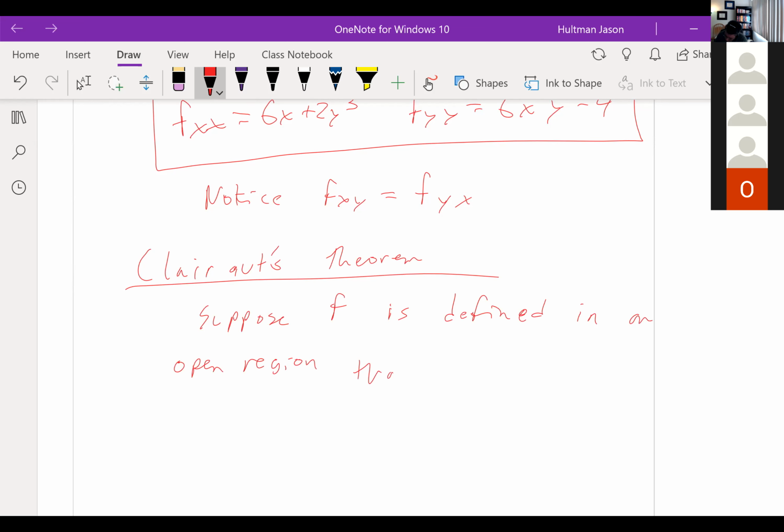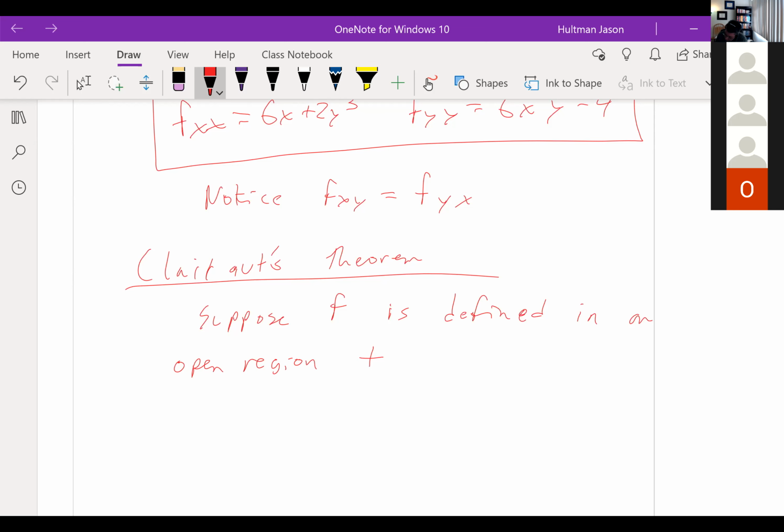What's the name of the theorem again? Clairaut's theorem. It's C-L-A-I-R-A-U-T. It's French, so however you want to pronounce that. Okay, I'm not French, so I don't know.